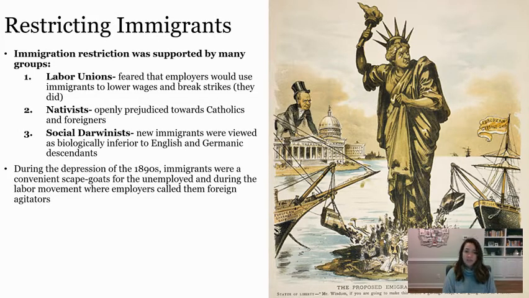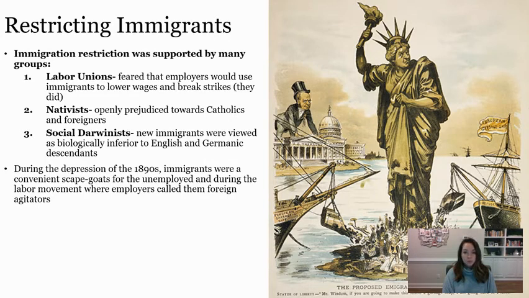In addition to that, just the nativists as a whole, who were prejudiced, a lot of xenophobia, a lot of fear-mongering towards Catholics and foreigners. They were afraid of the effect that it would have on American society. And then also social Darwinists. So we talked about in the last chapter how there was this view that economically, like survival of the fittest, if you were living in poverty, it was because you were unfit.